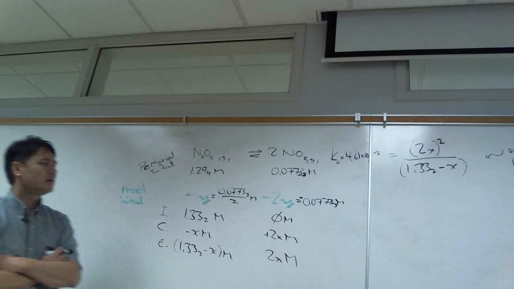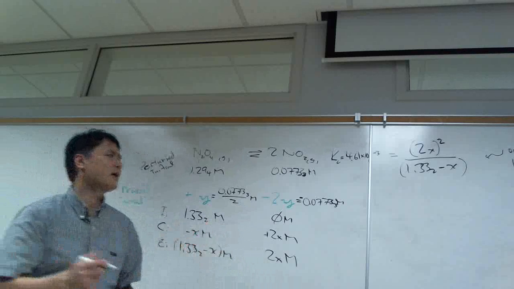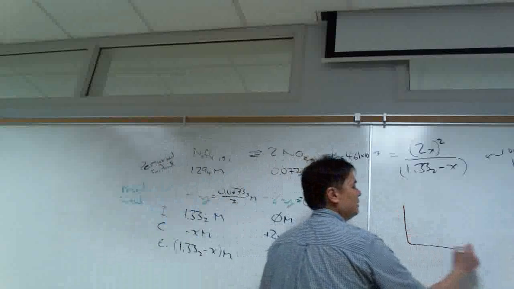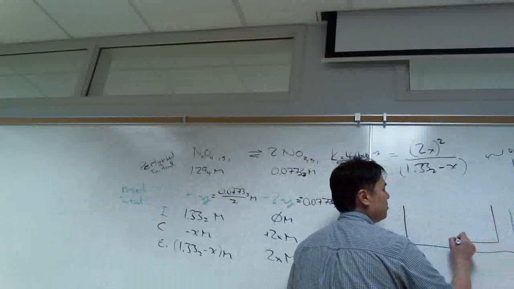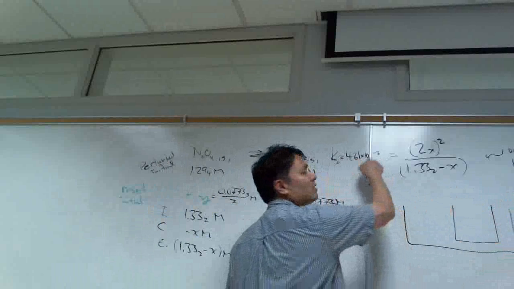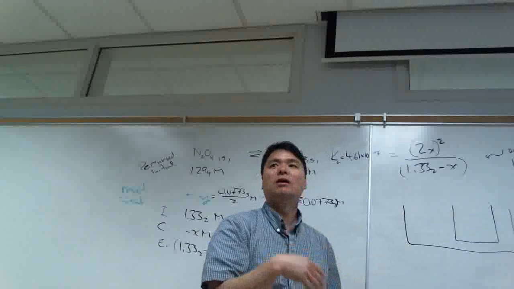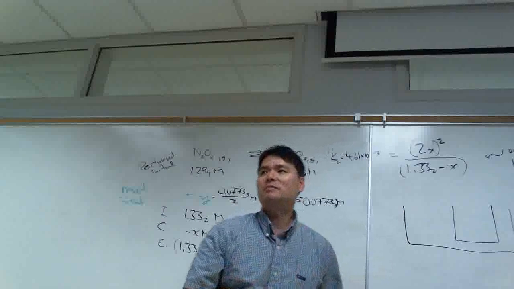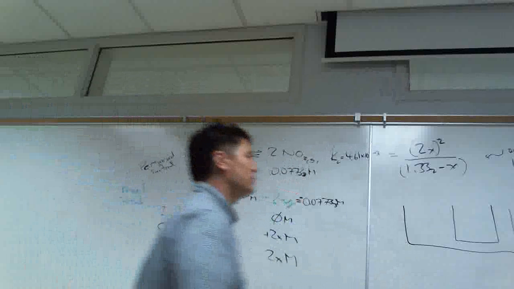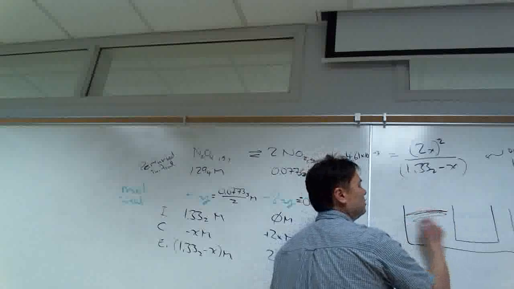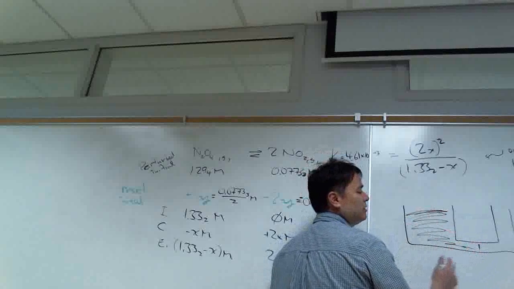Now, when we think about this, when we reset it, this is like having two uneven wells, right? And with two uneven wells, the reactant well is more favored because if you look at it, it's 10 to the minus 3. 10 to the minus 3 is 1 over 1,000. And so it seems like the reactants are quite a bit more favored. And so if we reset all the water to the left side, that's what we just did.